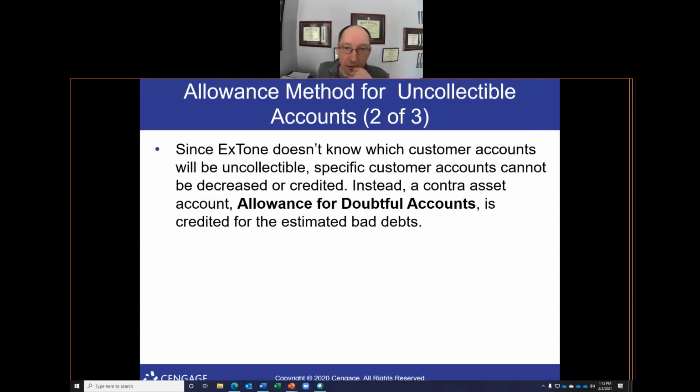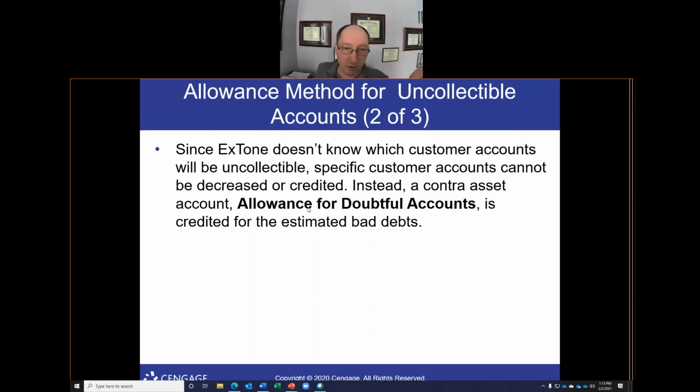Allowance for doubtful accounts. You heard me say this earlier. We use this account when we're estimating that a customer is not going to pay us, right? Since we don't know which customer's account will be uncollectible, you typically do a percentage or a fixed dollar amount as your estimate.